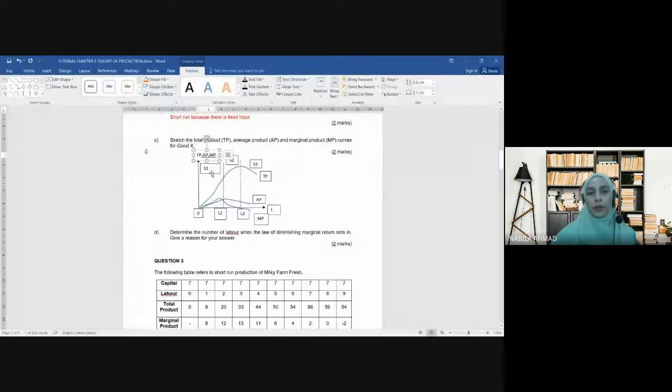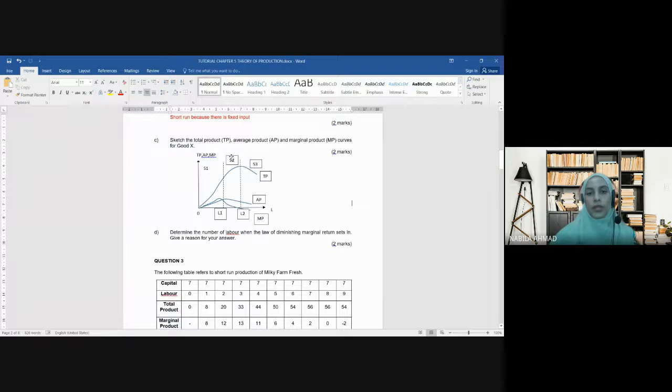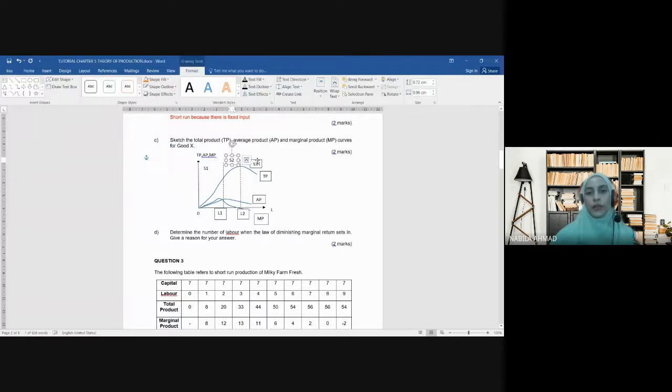Okay, so we have total product and then we have labor here. Okay, so we have stage 1, stage 2, stage 3. So this one is total product, ya, macam ni. And then this is the average product and we have the marginal product.